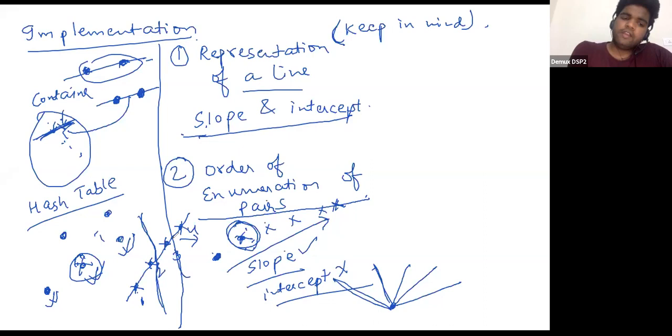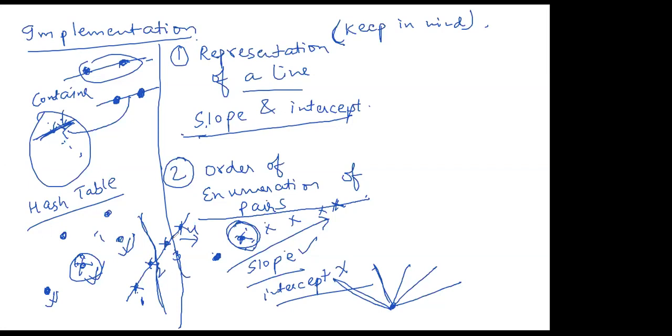Once we have enumerated all lines that pass through 1, we can refresh the hash table and then start enumerating all lines that pass through 2. But then how do we keep a count of what line has what number of points on it?